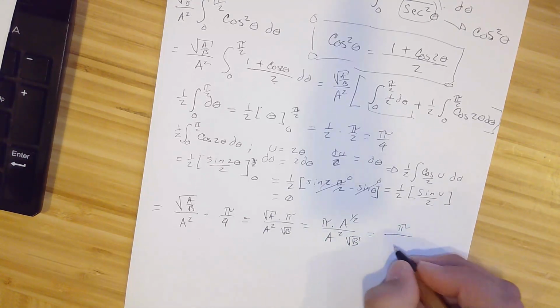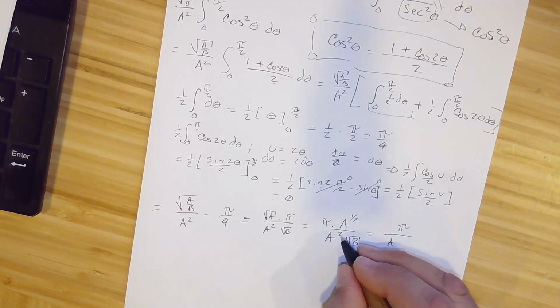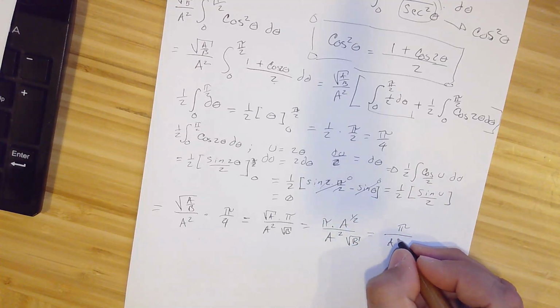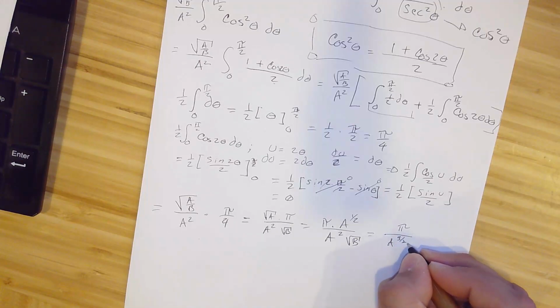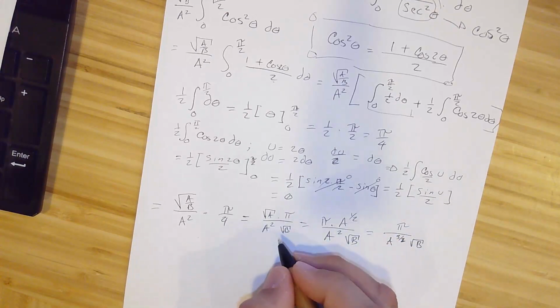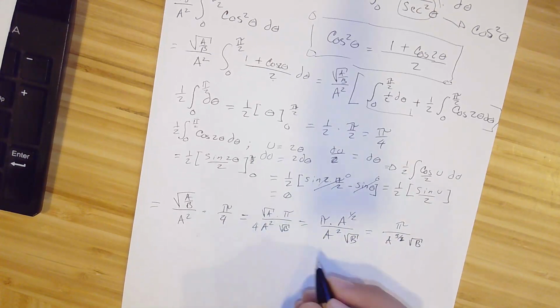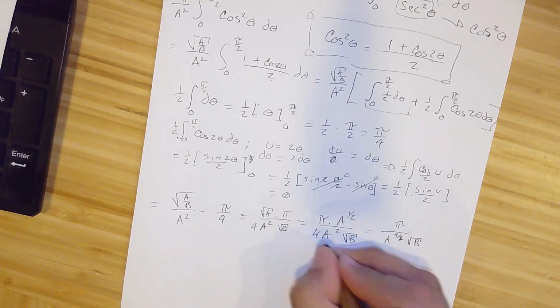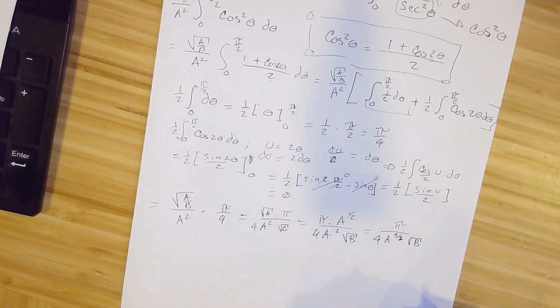So we have pi alone, and we'll have 2, this is 3/2, a to the 3/2, square root of b. I forgot the 4. Sorry. The 4 here, and the 4. And that's it. Thank you.